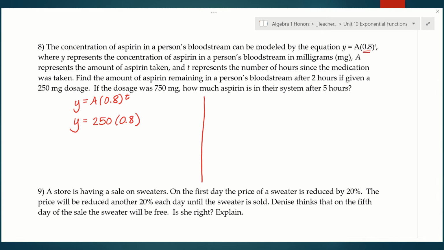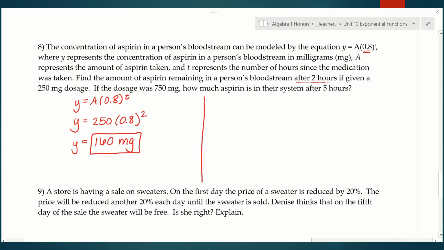So this says find the amount of aspirin remaining in a person's bloodstream after 2 hours. So this is to the 2nd power. All right, so we can go ahead and type that in. And it looks like after 2 hours, there's 160 milligrams left in their bloodstream.